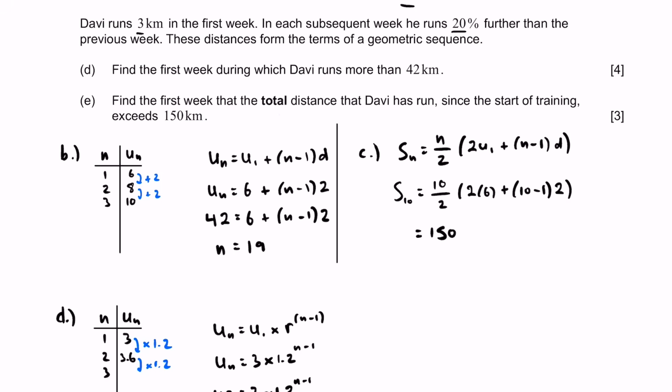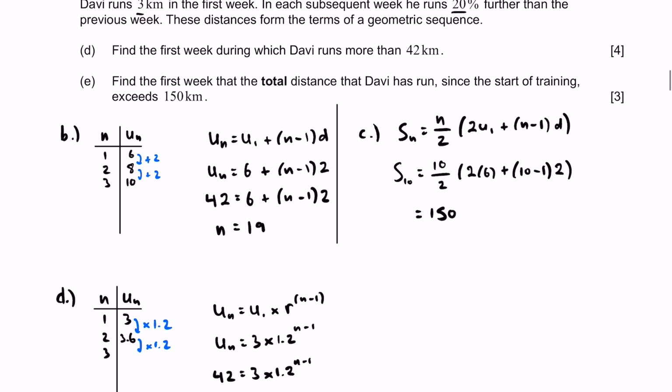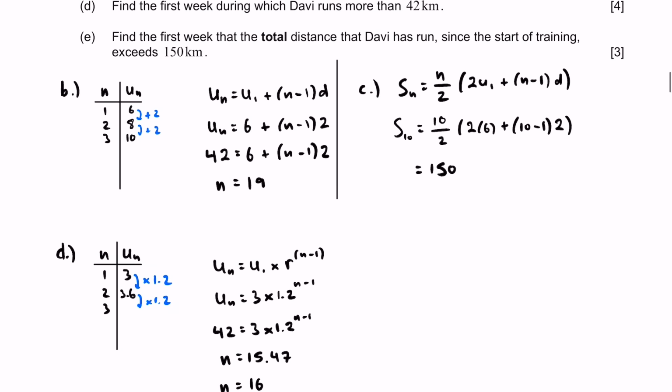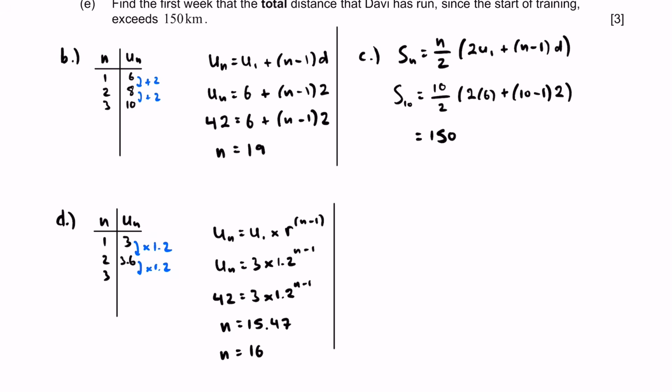And then we want to find, similar to what we did in this first part right here, what is the first week where he has a total distance of more than 150 kilometers. So total distance, sum of a geometric sequence, when does it exceed 150 kilometers? So let's go ahead and work that out. I'm going to put a divider here, and then we'll find E.